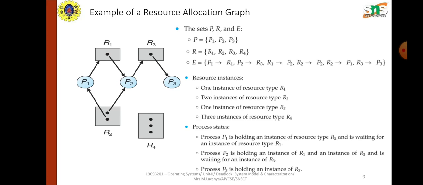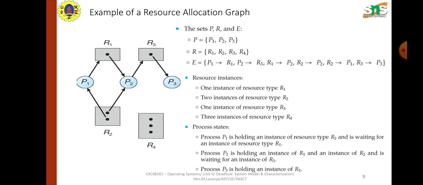So for the process P1, we can say P1 is holding R2 and P1 is requesting the resource R1. In the same way, P2 is requesting R3 and it is already holding R1 and R2. And for P3, we can say R3 is held by the process P3.